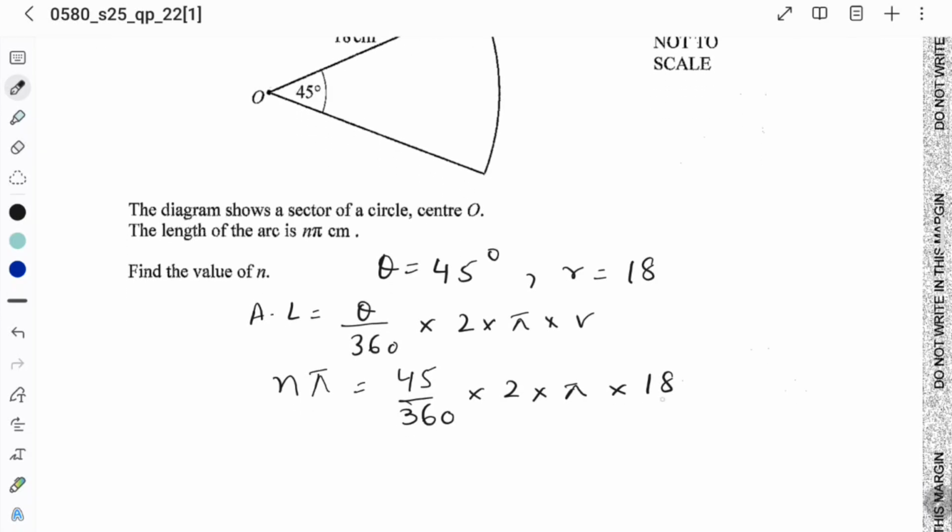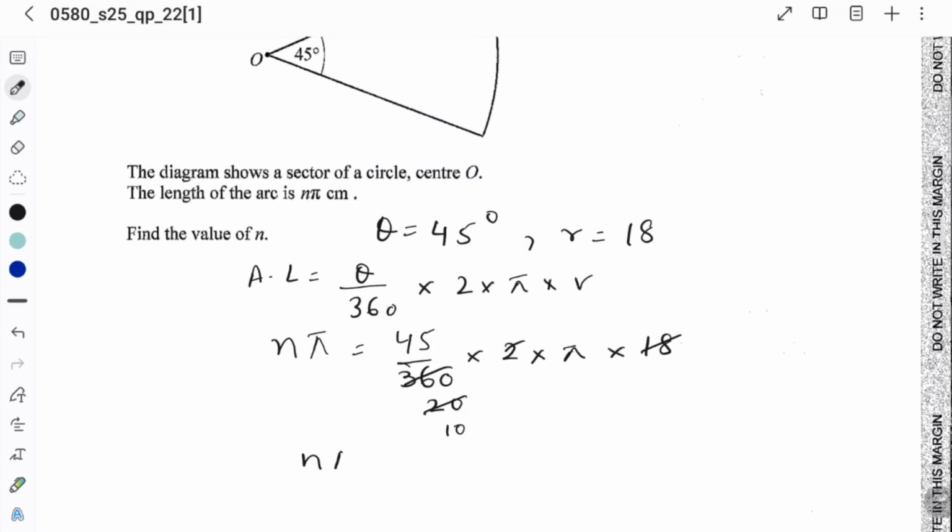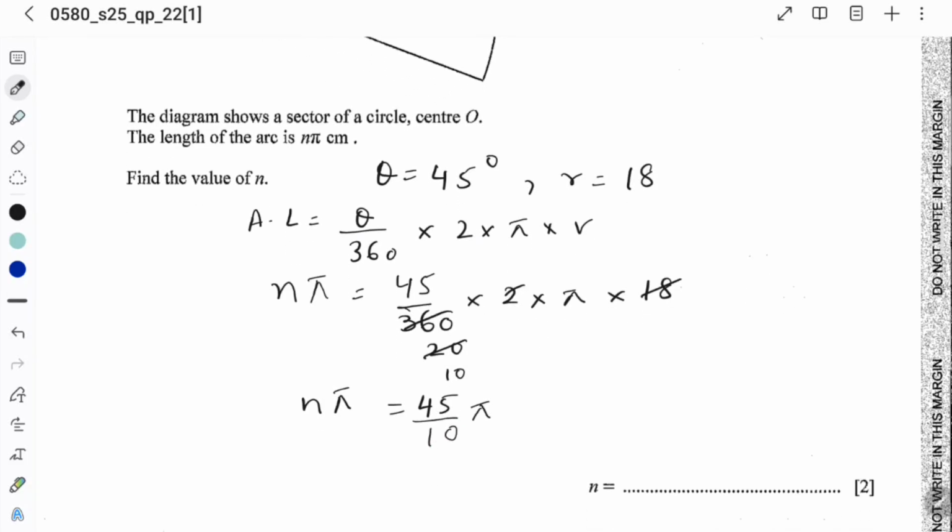Easy calculation, 18 times 2 is 36, and 45 upon 10, n pi is equal to 4.5. It will be 45 over 10 pi, that is also equal to 9 over 2, 9 over 2 pi or 4.5 pi. So what is the value of n? N will be equal to 9 over 2, or n is equal to 4.5.